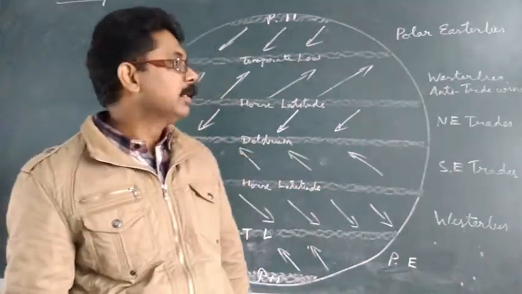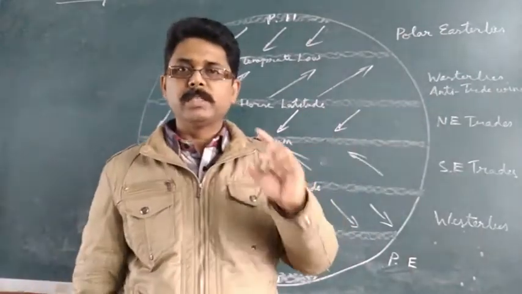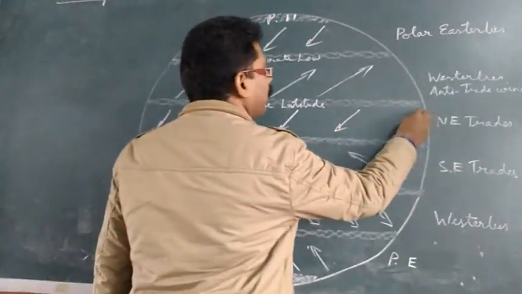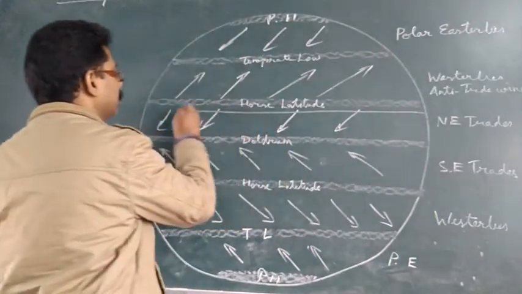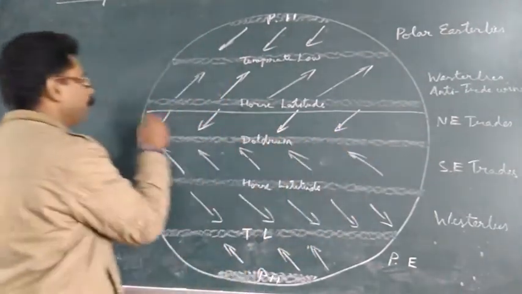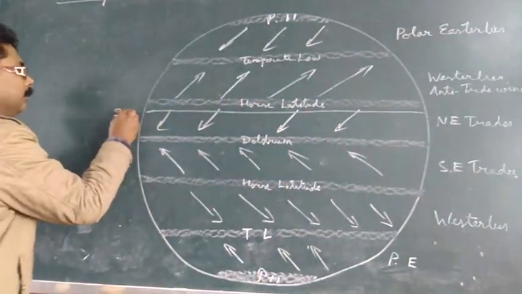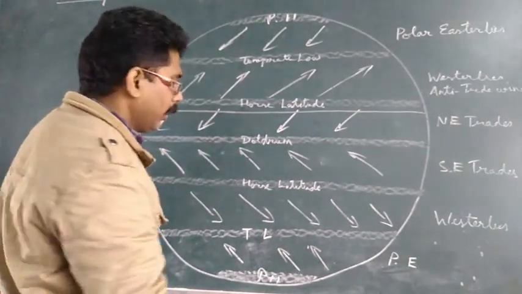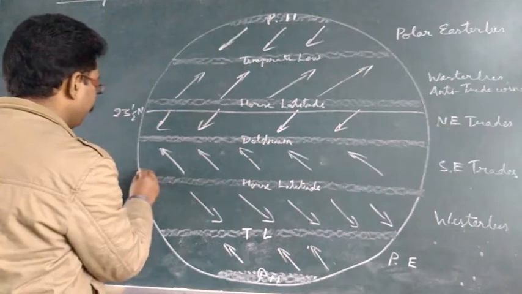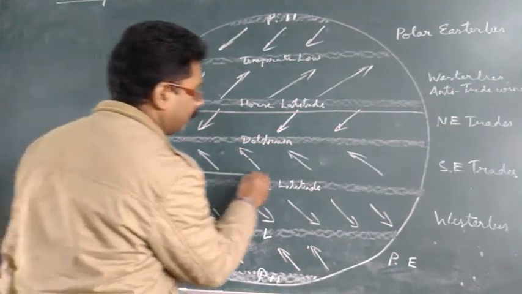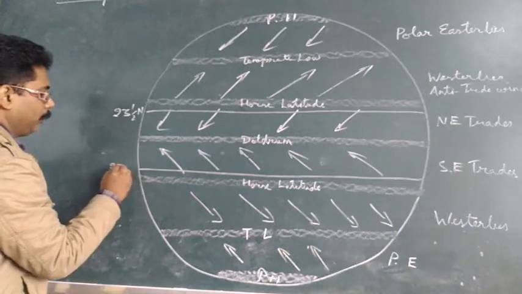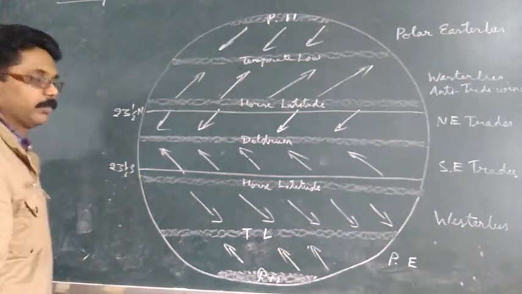So on 21st June the sun rays fall vertically where? On the Tropic of Cancer. This is the Tropic of Cancer. While on 22nd December the sun rays fall vertically on the Tropic of Capricorn.